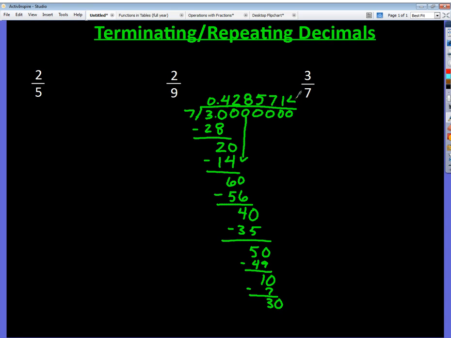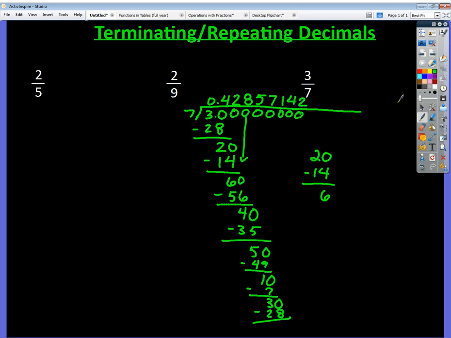That actually goes 4 times, because we know 7 times 4 is 28. I get a remainder of 2, which would mean I would drop another 0. So now I'm taking 7 into 20. 7 into 20 goes, we know, twice, because now we're subtracting 14. And wait a minute, I get a remainder of 6.